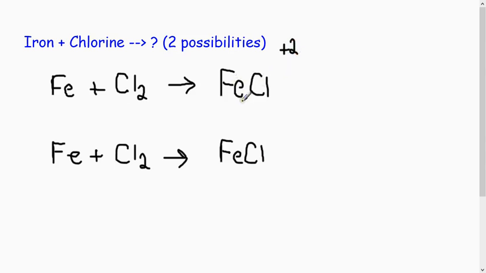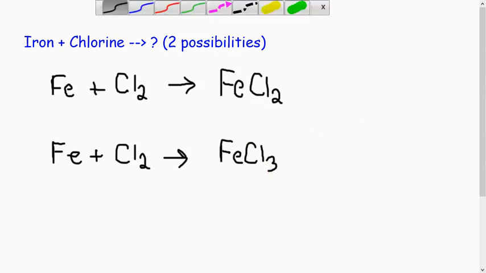So if I cross the +2 of iron and the -1 of chlorine, I'm going to have FeCl2. On the bottom one, I'm going to use the +3 charge for iron. The chlorine is still -1. So when I crisscross, it's going to be Fe1Cl3. So the only difference in these is going to be the subscripts on the product side.